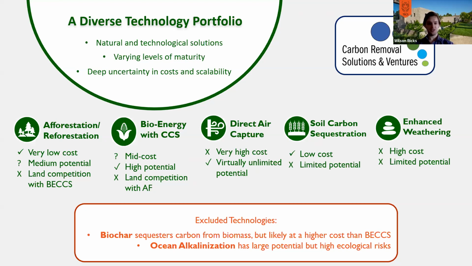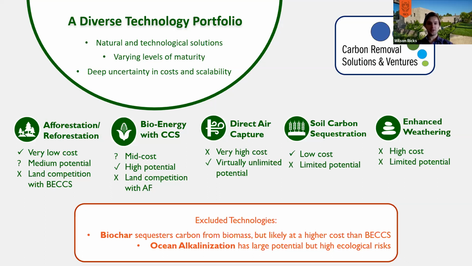These being afforestation and reforestation, bioenergy with carbon capture, BECCS, direct air capture, DAC, soil carbon sequestration, and enhanced weathering. We excluded biochar from this list because we decided that it was likely more expensive than BECCS and competed for the same resources. And we also excluded ocean alkalinization, which is a technology with large potential, but also very high ecological risks, which we think should only be used as a last resort.